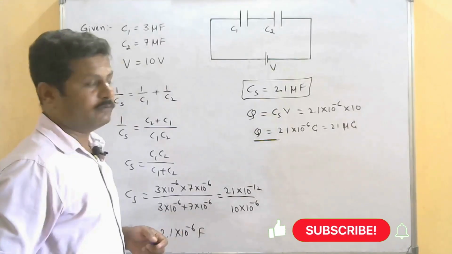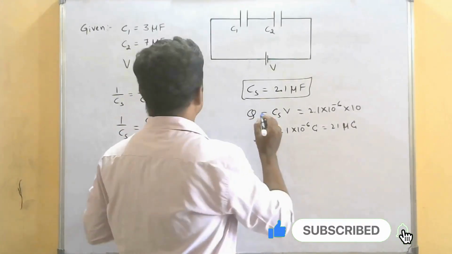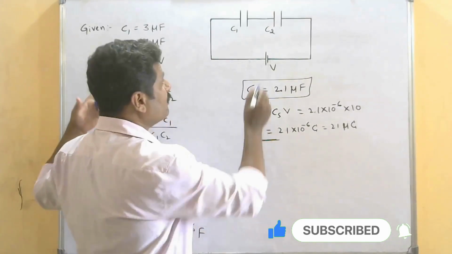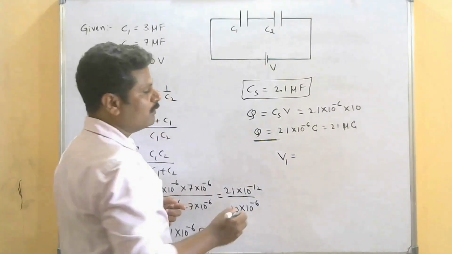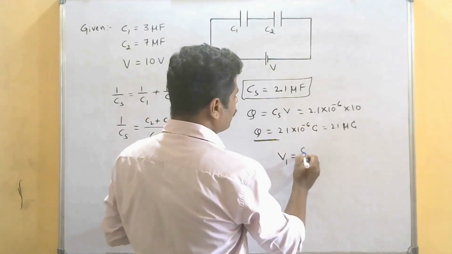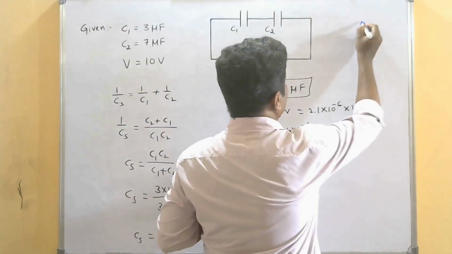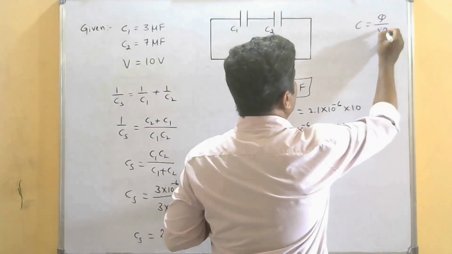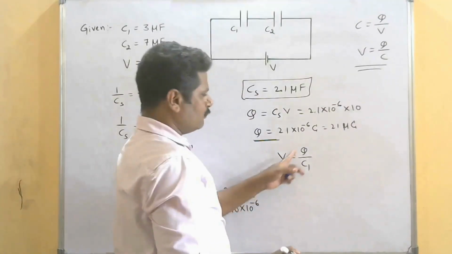Now, charge remains the same in the series combination. Let me take V1 as the potential difference across C1, so V1 equals Q by C1. By using this formula we can take directly, that is we know that C equals Q by V, so that V equals Q by C. So here V1 equals Q by C1.